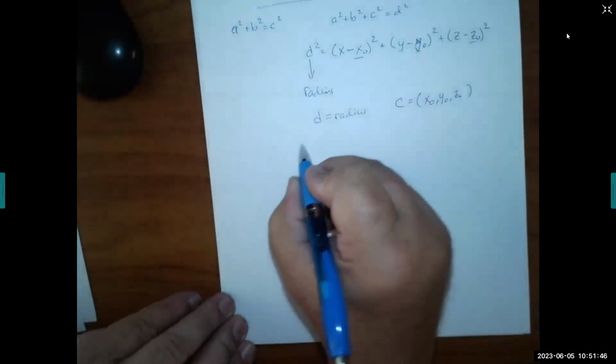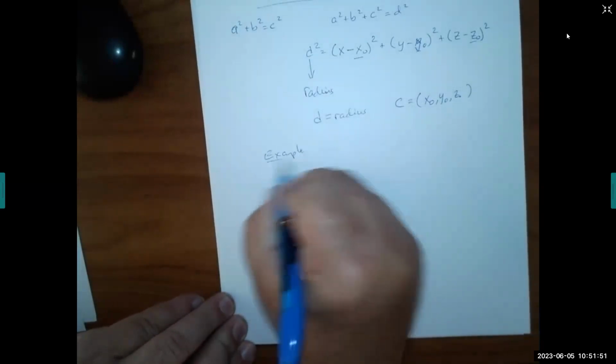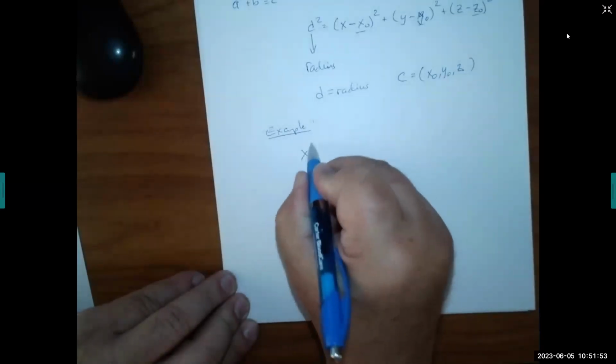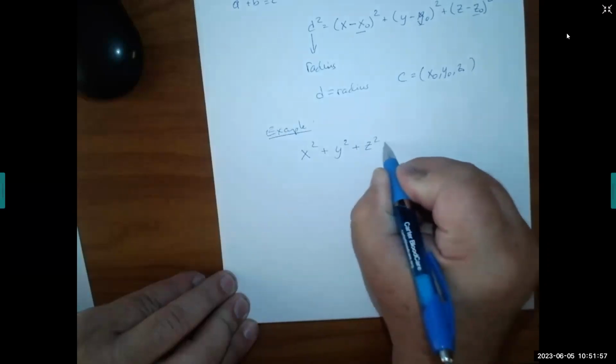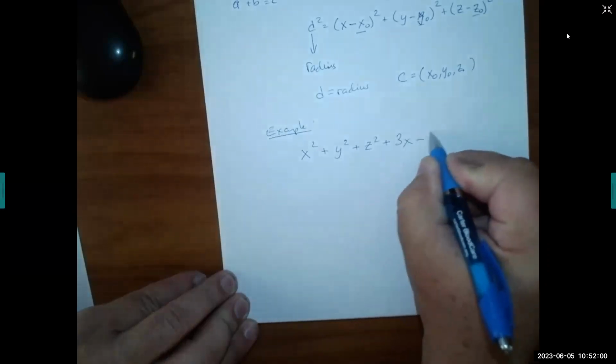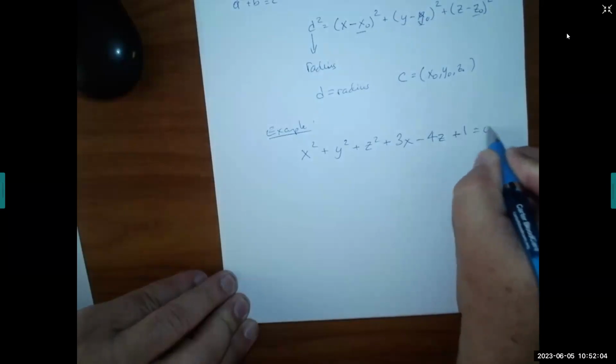So if I gave you, let me see, an example. If I gave you this: x squared plus y squared plus z squared plus 3x plus 4z plus 1 equals 0.